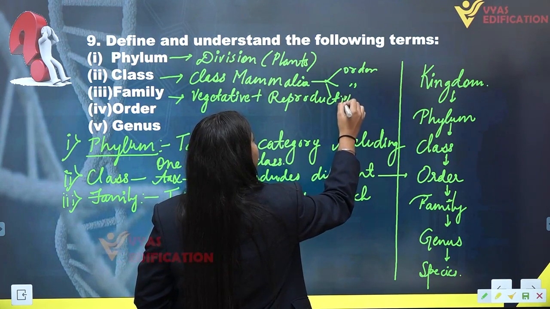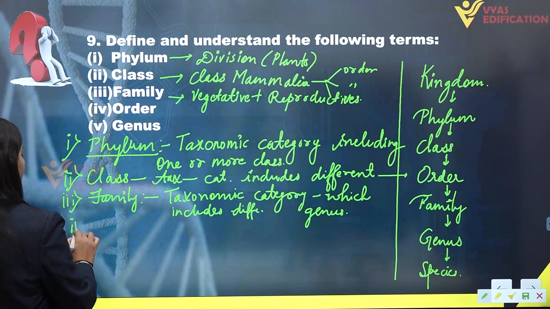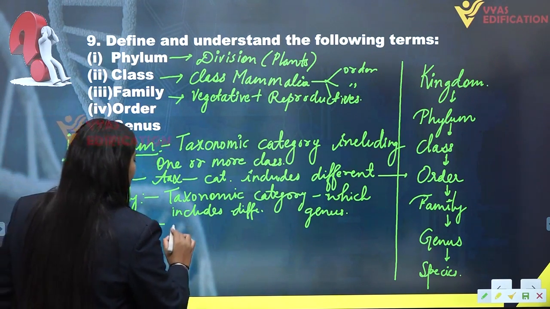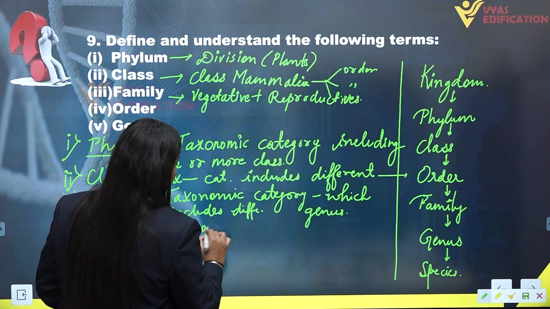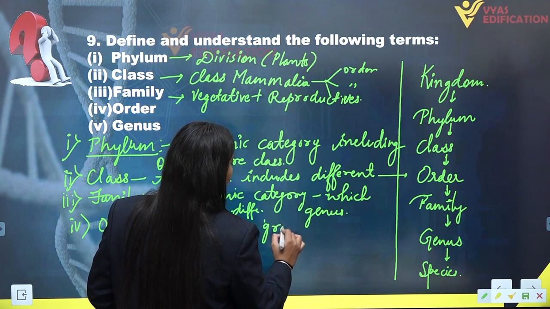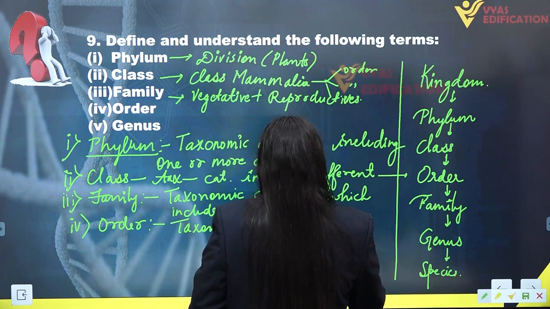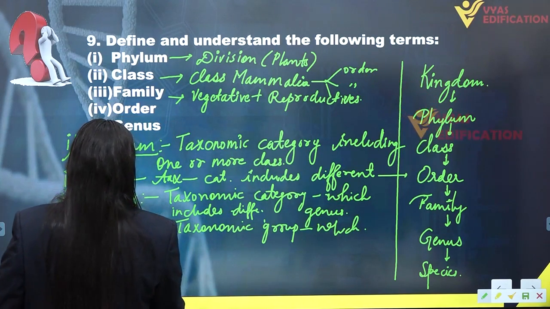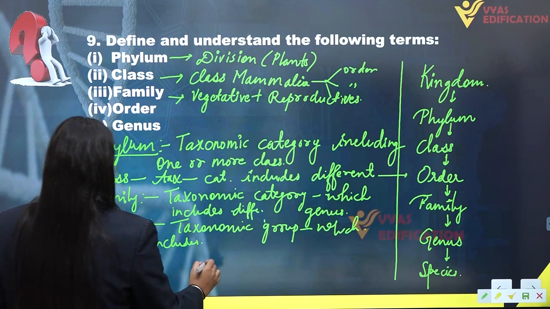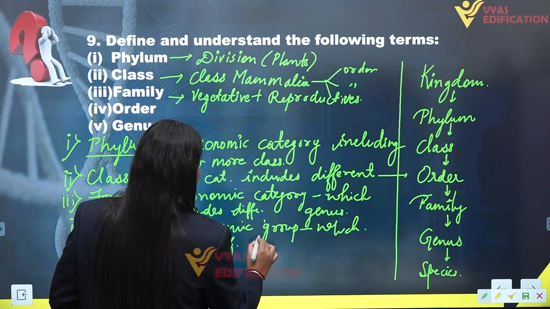Now here comes the fourth term, that is order. So order is also a taxonomic group or category which includes different families.